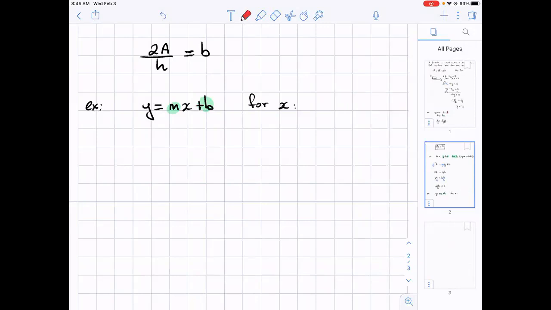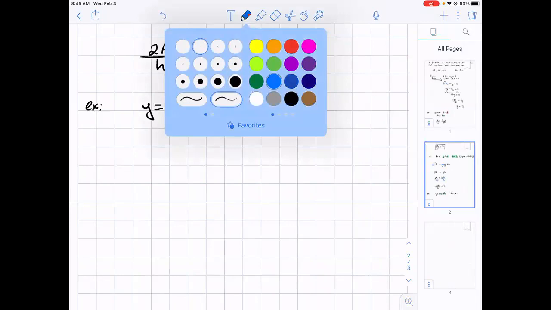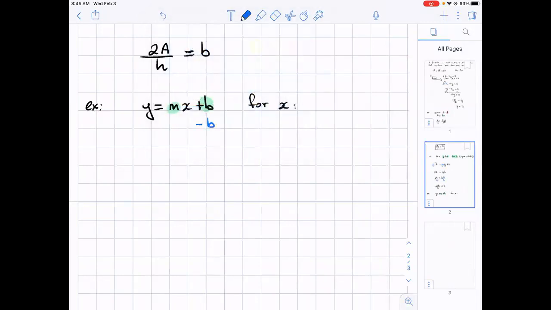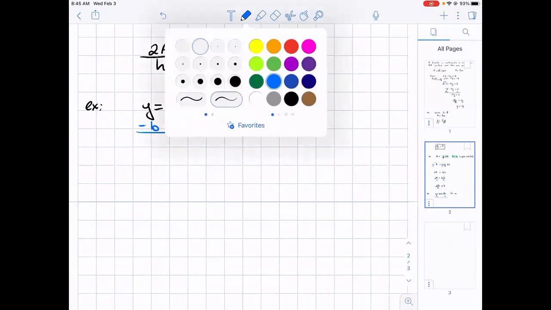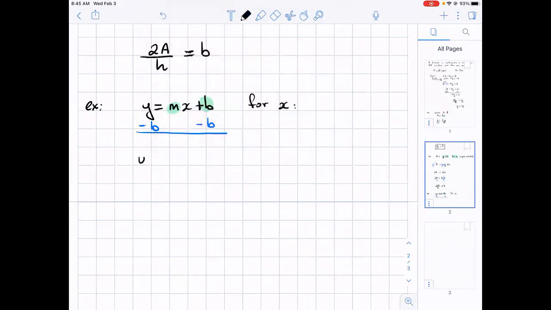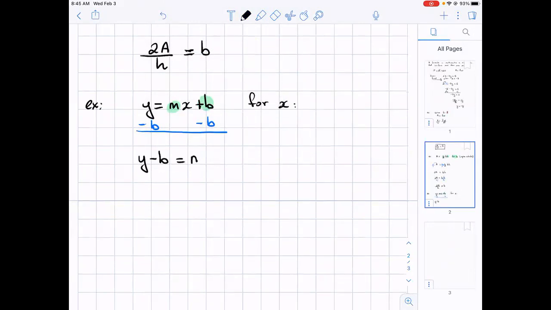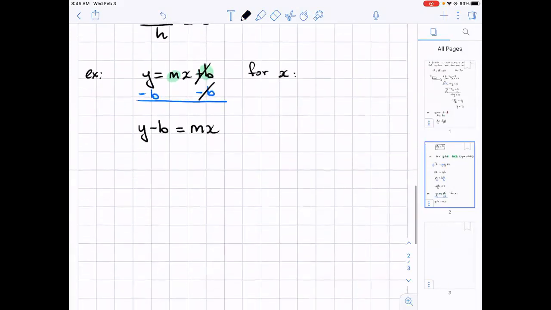First, we will minus b on both sides. Now b and y are different variables, so you just write y minus b, or minus b plus y. And that is now equal to mx. This plus b and this minus b will cancel out.